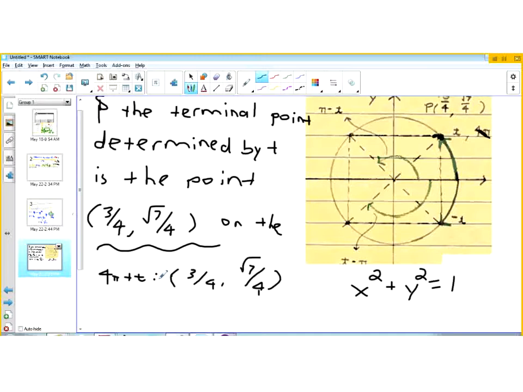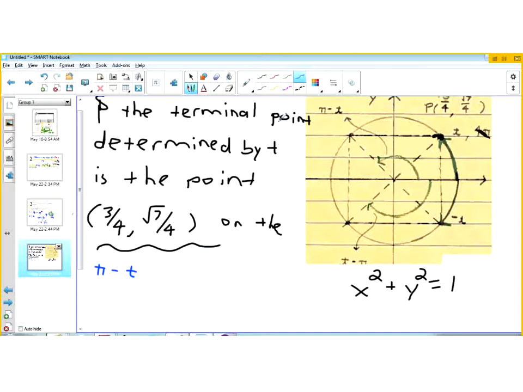So how about pi minus t? What are the coordinates of the terminal point for pi minus t? So we're trying to calculate the coordinates of the terminal point for this terminal number.